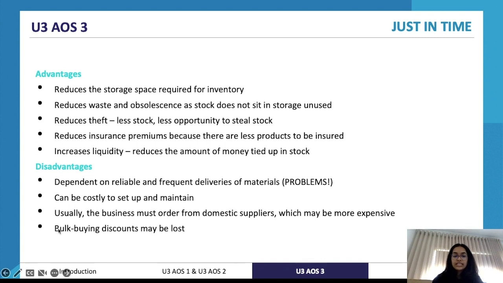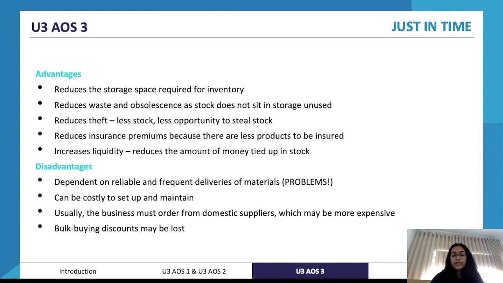It kind of links into the third point here, but usually the business must order from domestic suppliers, which may be more expensive. And since it's frequent orders, the business has to pay a lot more transportation costs. The business can't really order from international suppliers.